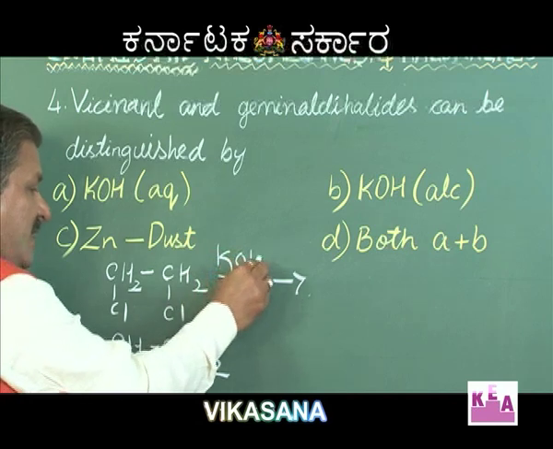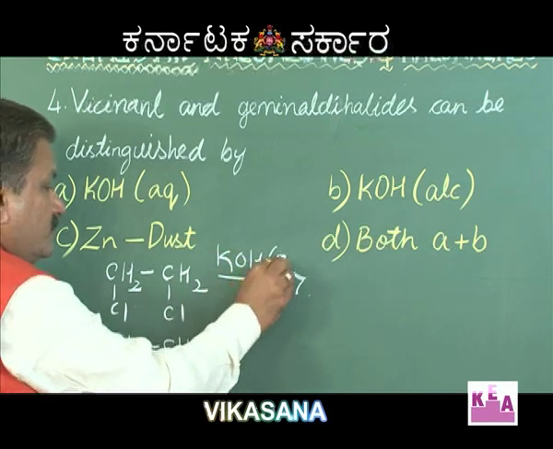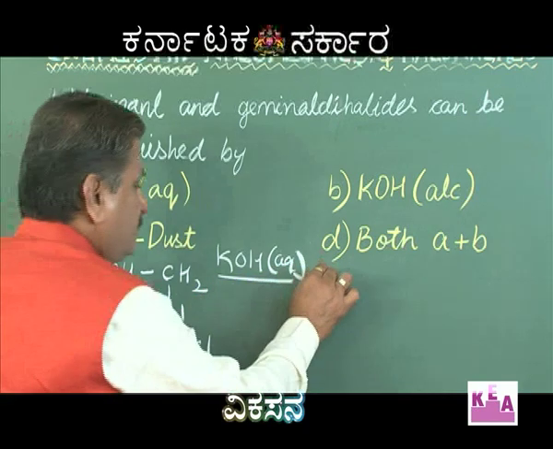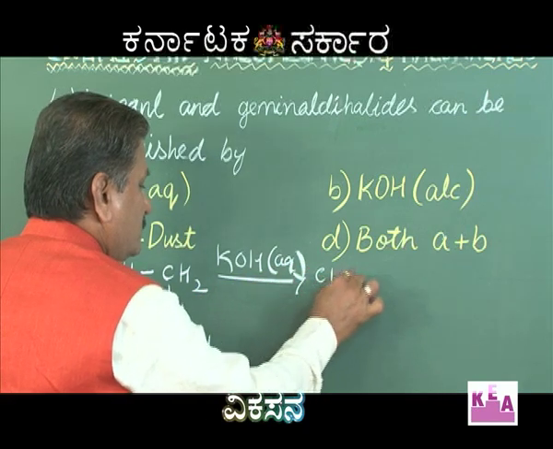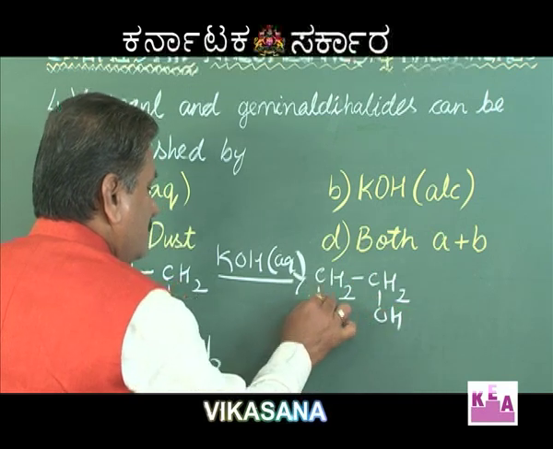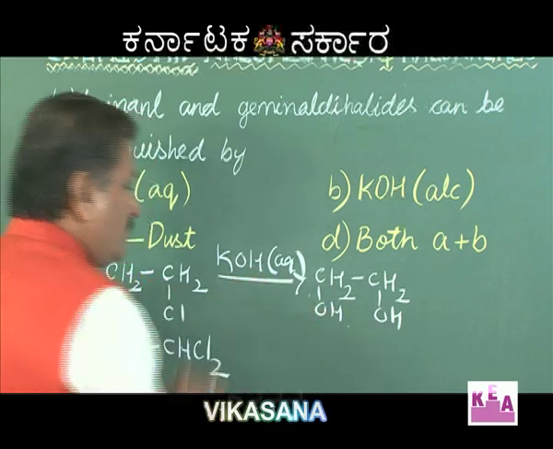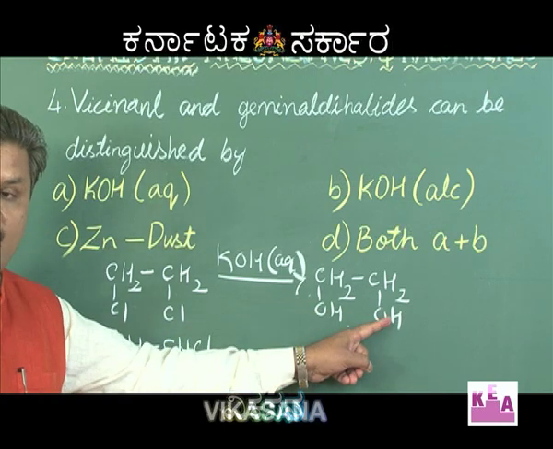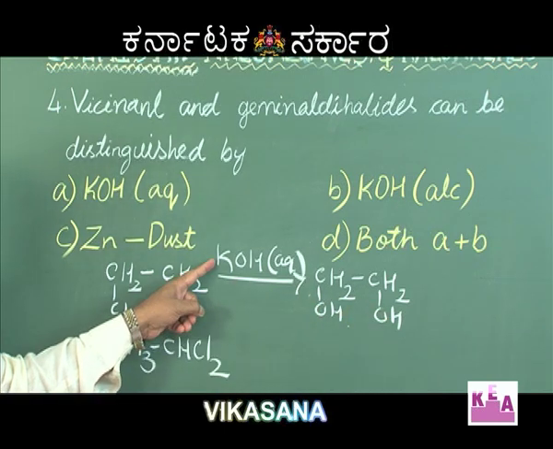With aqueous KOH, we get here a glycol wherein Cl is replaced by OH, that is a nucleophilic substitution.